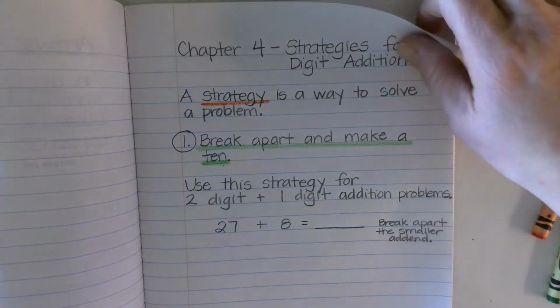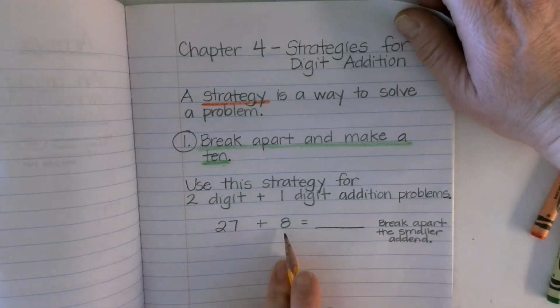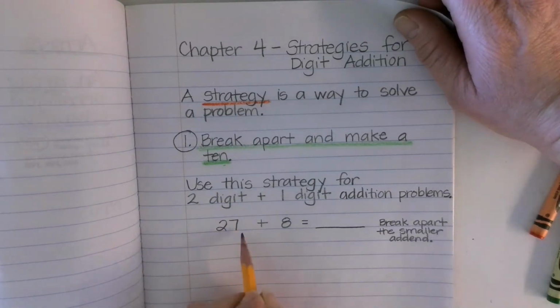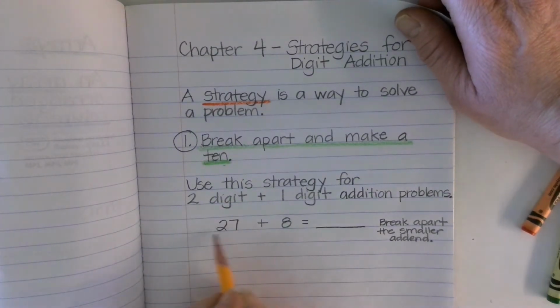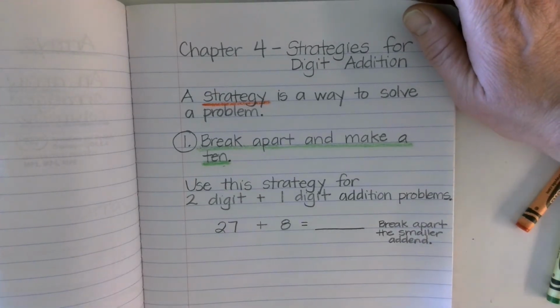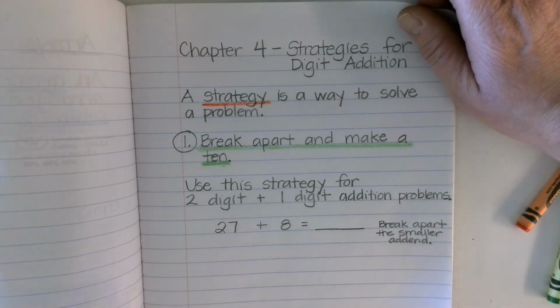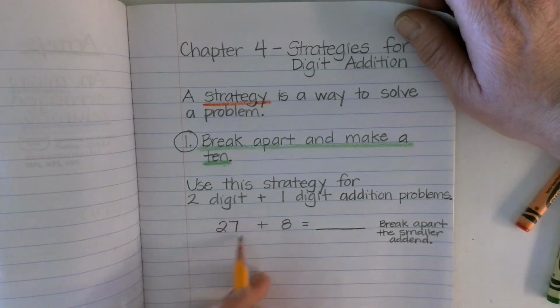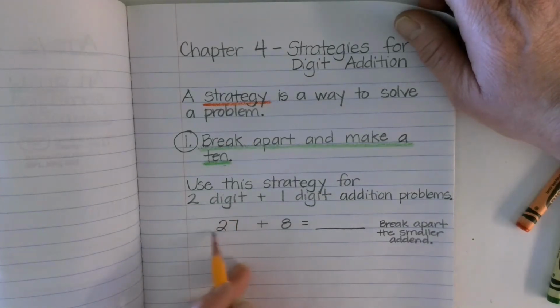So in this case, we're going to break apart the 8. And our buddy here, 27, he really wants to be one of our tens numbers. So that would be 10, 20, 30, 40, 50, 60, 70, 80, 90, or 100. He wants to be one of those. And in this case, he's the closest to 30.